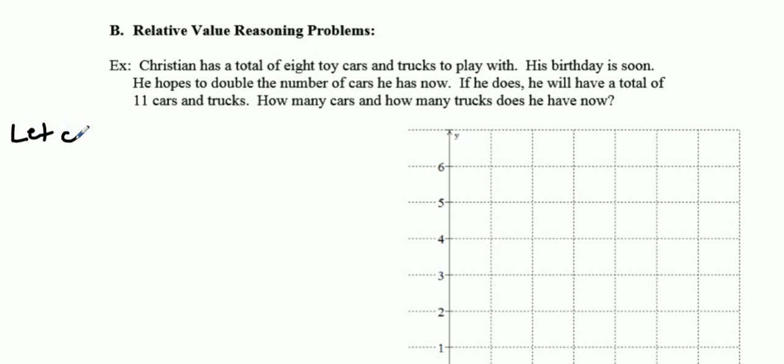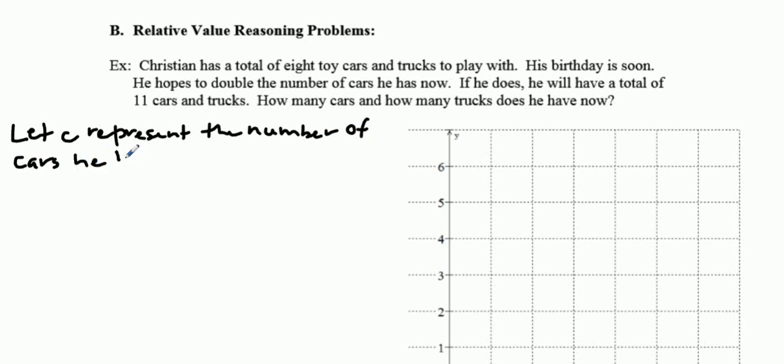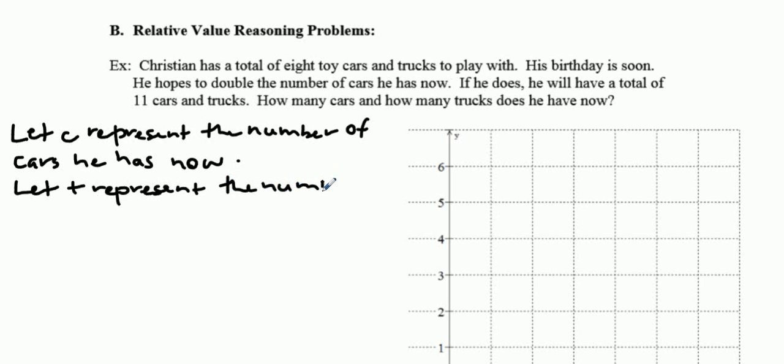So let C represent the number of cars he has now, and let T represent the number of trucks he has now.